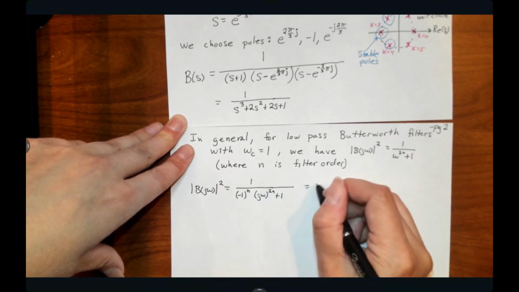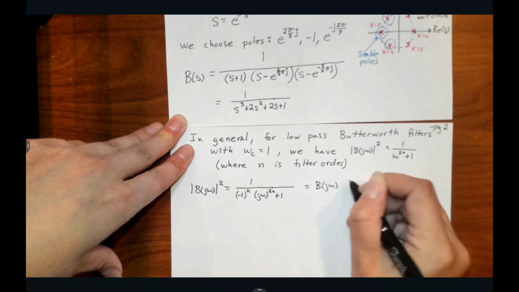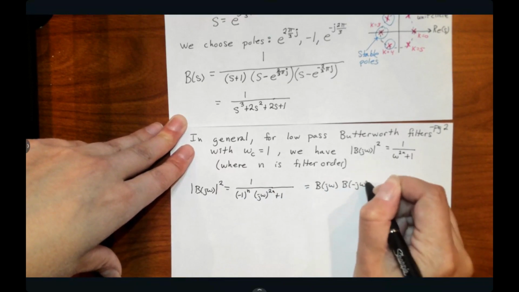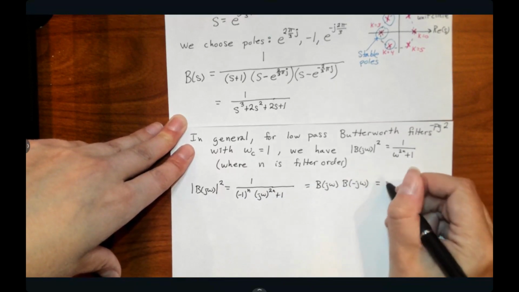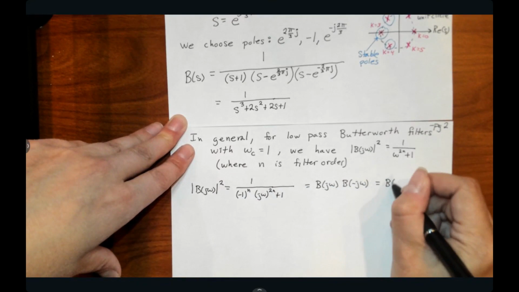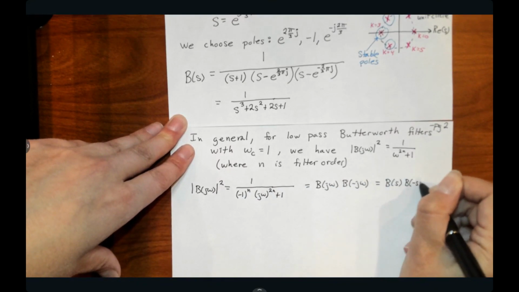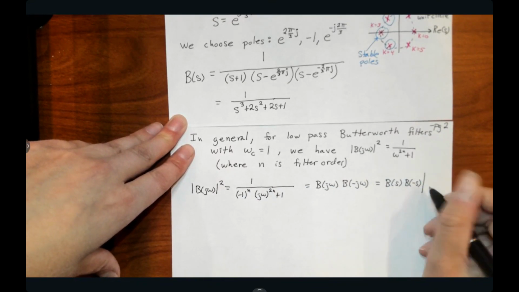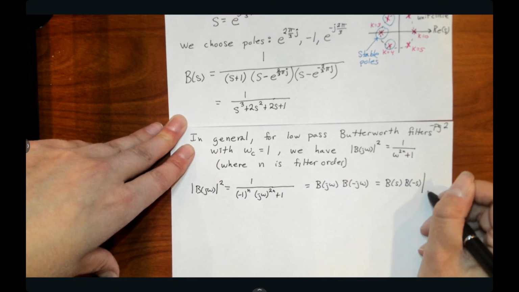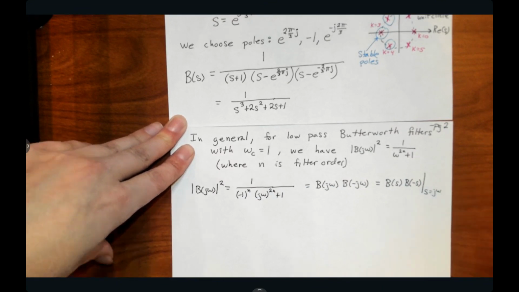So this is my B j omega, B minus j omega. And if I want my S form, then I'm just going to substitute S in for j omega.